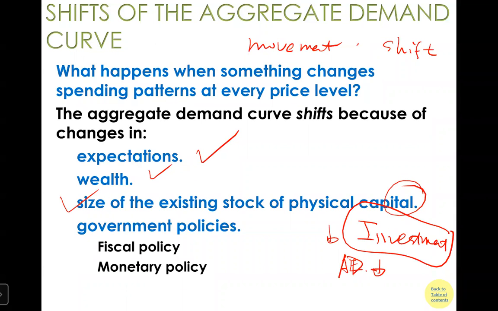Now the last factor, government policy. This includes fiscal and monetary policy. We cannot go into too much detail because we need much more preparation, but I can give you some simple examples. During the pandemic, I believe most of us received a free check from the government.